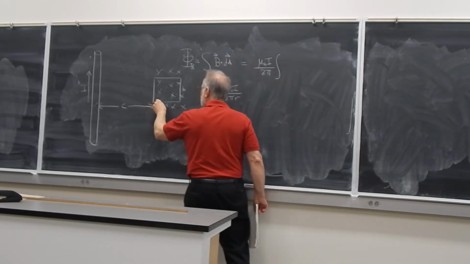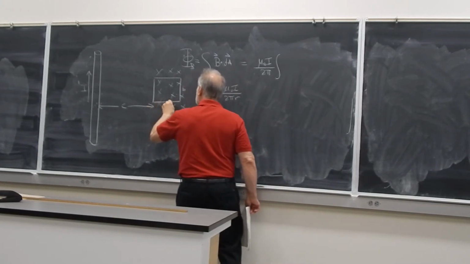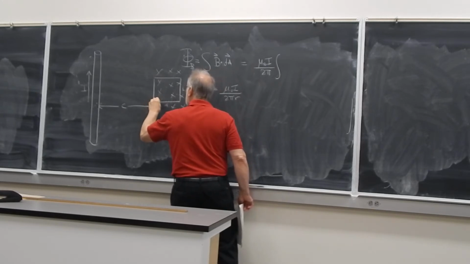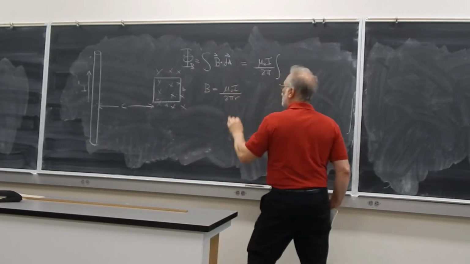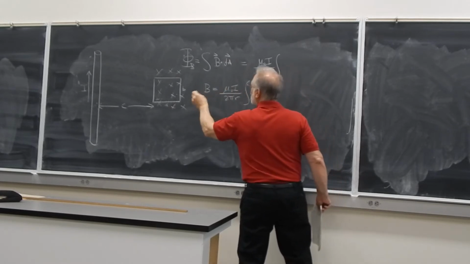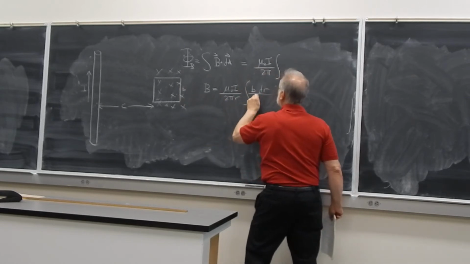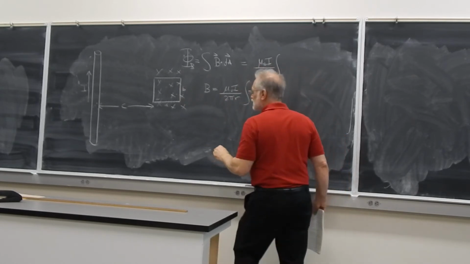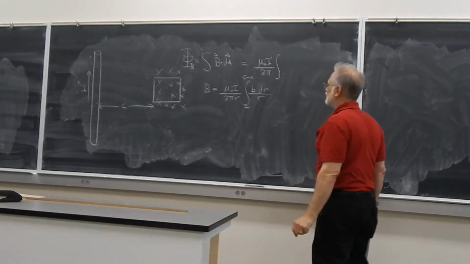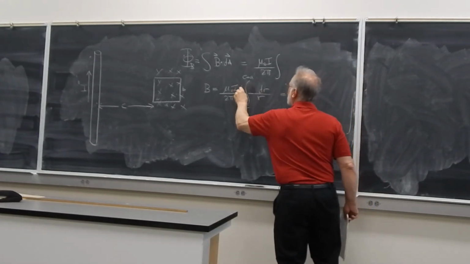I'm integrating from this point to this point, so let's call every increment along this width of the loop dr. And so my area element then is going to be dr times the length b divided by r. And I'm going to integrate from c to c plus a. Okay? B is a constant, so I could just as easily pull that outside of the integral.